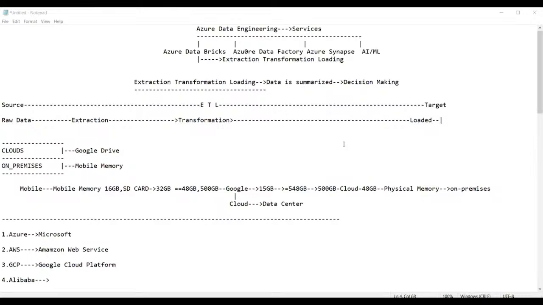Once the data is inserted, picking up the data from there, preparing or moving it into Delta Lake and then performing the visualization, for all this process we are using ADB only. Okay, got it.